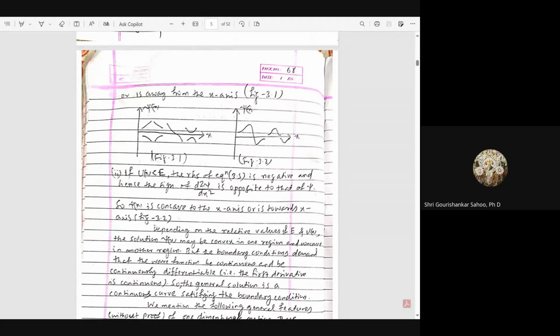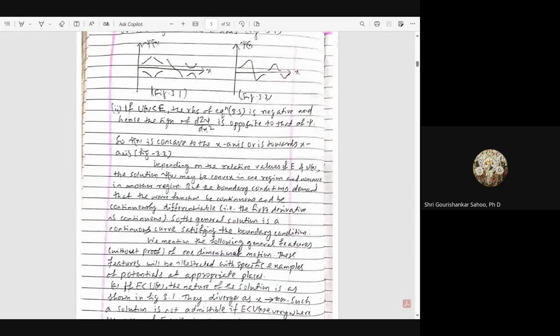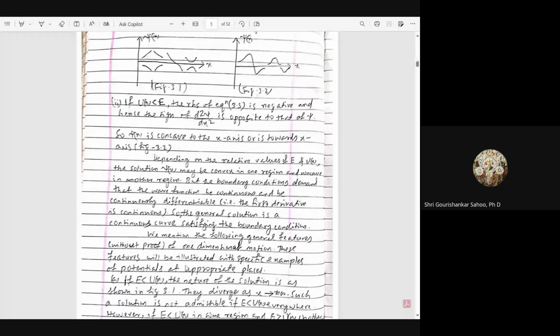So what are the general features of a one-dimensional motion? These features will be illustrated with specific examples. Suppose E is smaller than U. What is the nature of the solution? If E is smaller than U, then they diverge as x tends to plus or minus infinity. Such a solution is not admissible if E is smaller than U everywhere.